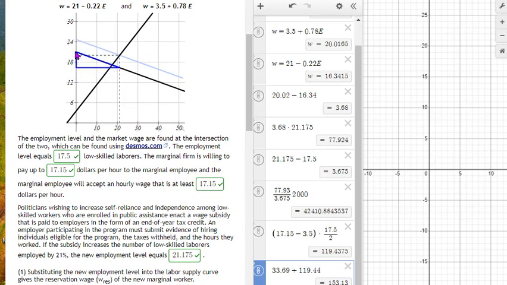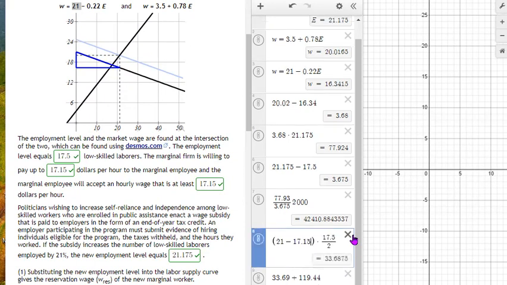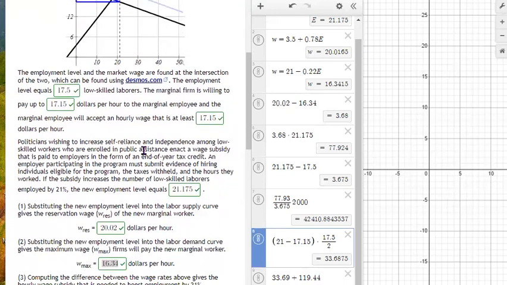And so the height of this triangle is, again, the intercept of the labor demand curve minus the maximum wage they're willing to pay that last employee in the program. And that was 16.34, right?